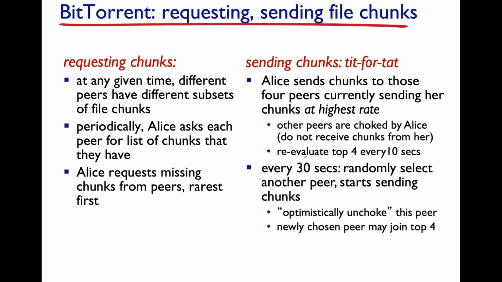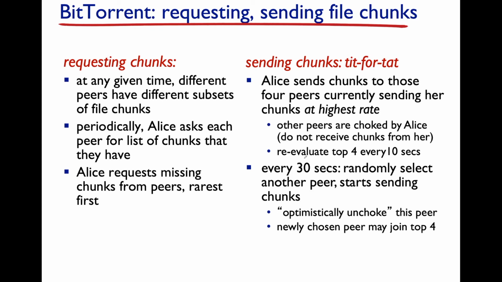And those peers that are not her best trading partners, so to speak, they're choked by Alice. They're choked off. They're not receiving and don't receive chunks from her. So Alice only gives chunks to those who are providing chunks to her. And then every so often, every 10 seconds, Alice reevaluates who her best trading partners are, who has the most chunks that she's been downloading, the most data that she's been receiving.